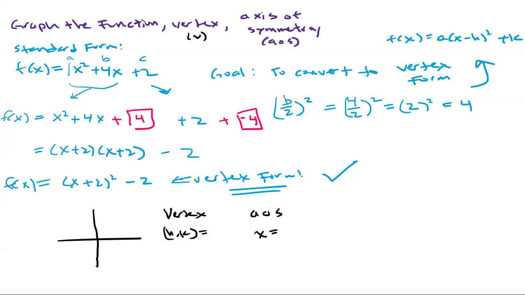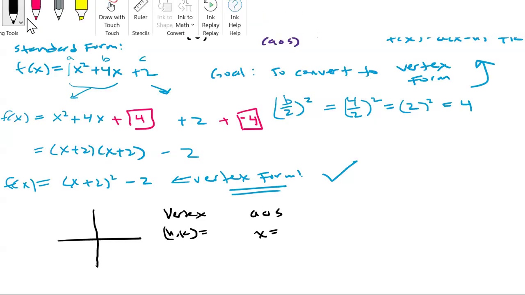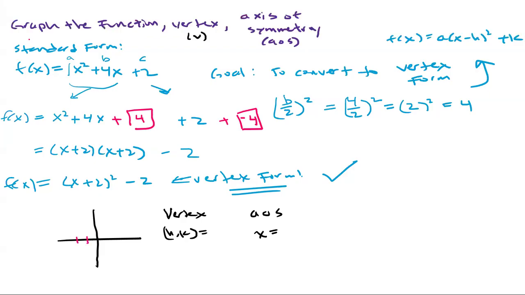All right, so again, first thing when we do a sketch of this, we identify the vertex, HK. So remember, we always go the opposite of this. So we go -2 to the left, and then down 2, right?